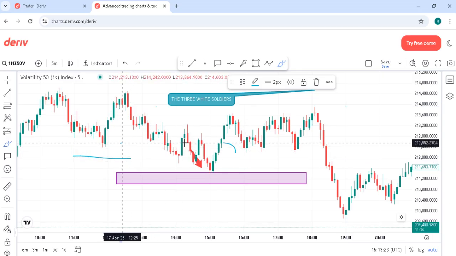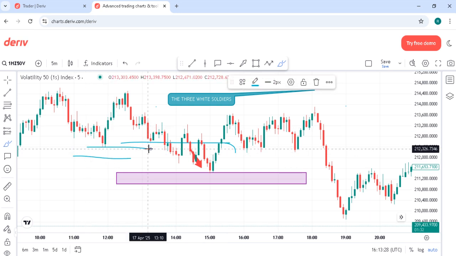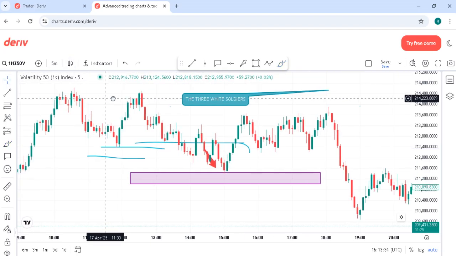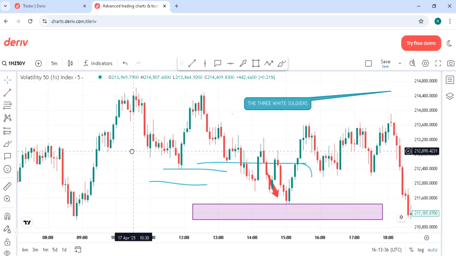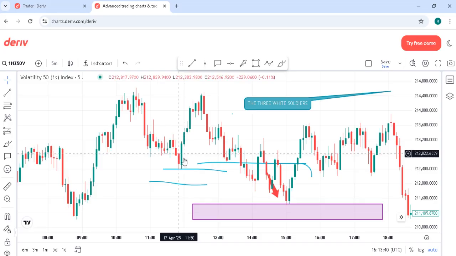So let me look for another situation, another example. So we have this as an example. I don't want to take this as a very good example, though it is also showing 3 bullish candlesticks after a downtrend.